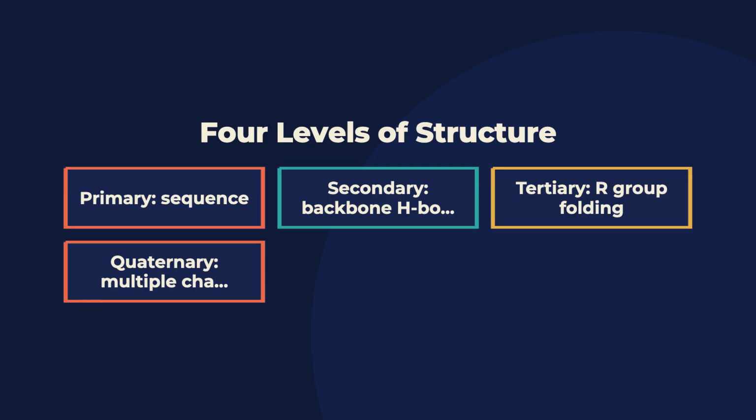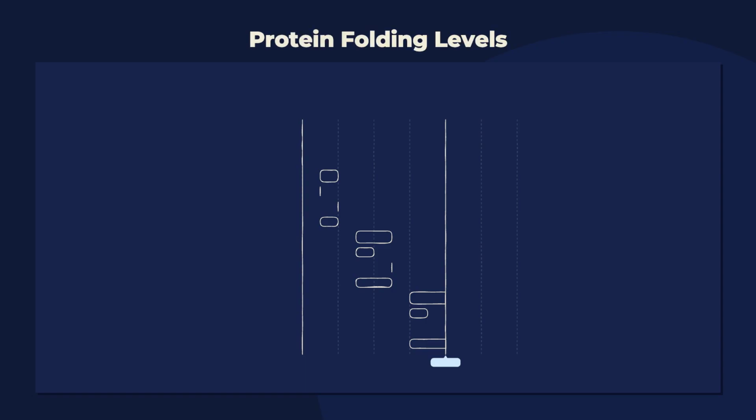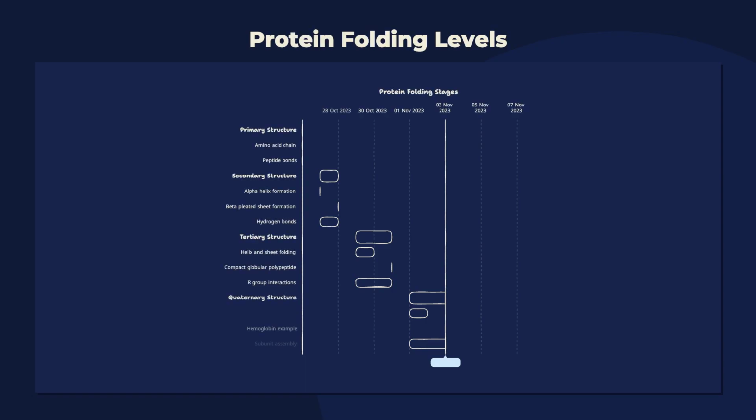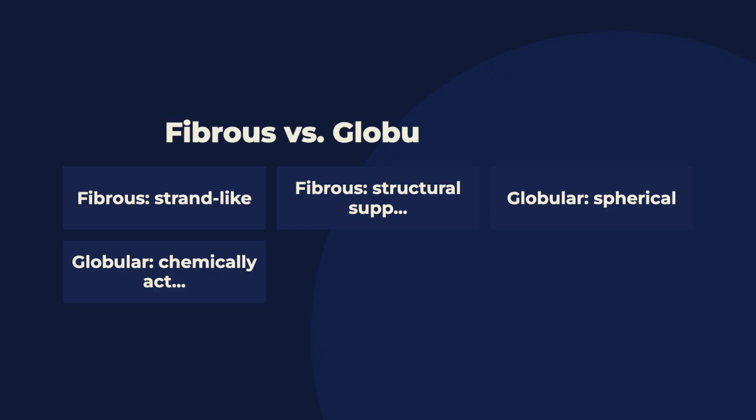Quaternary structure only appears when multiple separate chains, like hemoglobin's 4 subunits, fit together. Picture the chain first as a straight sequence, then coiling into helices and sheets, then folding into a compact globular unit, and finally, only for some proteins, joining with other folded chains like hemoglobin's 4 subunits.